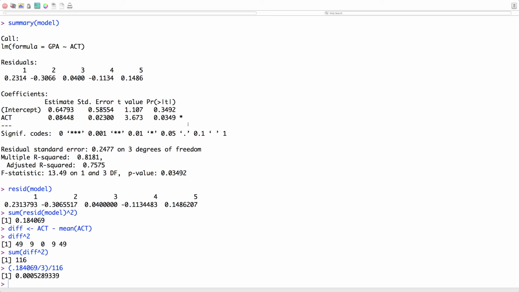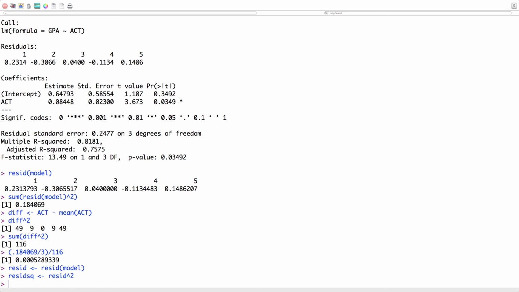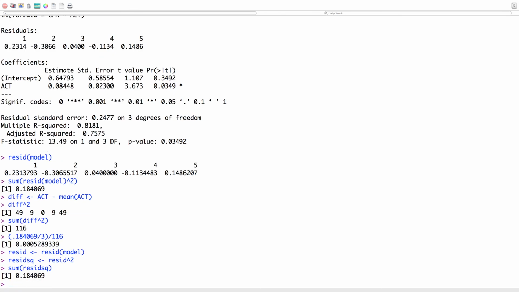If I take our model and do a residual squared, and then sum of resid squared, 0.184069.